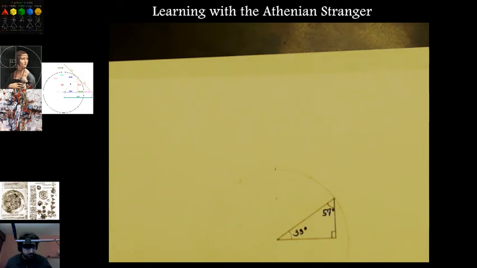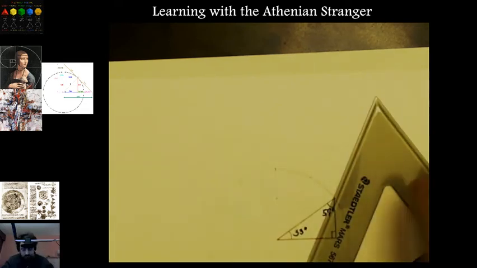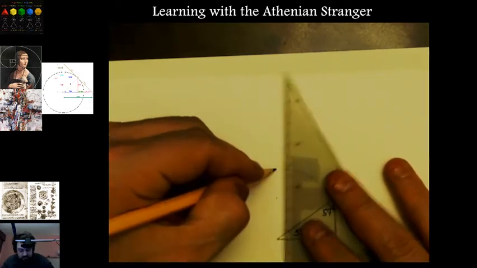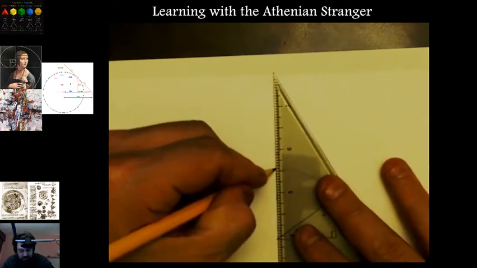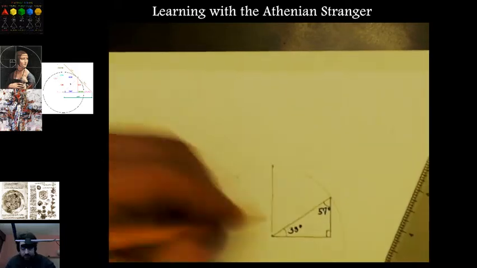Now I'm going to draw this in, put my point right there, and draw this in here. There's my 90-degree line.